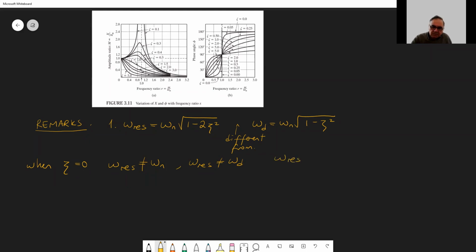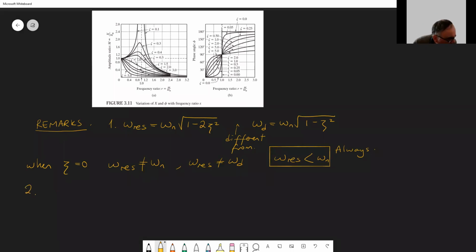And the resonant frequency is always less than the natural frequency. It might not be very different, but strictly speaking, it is correct.